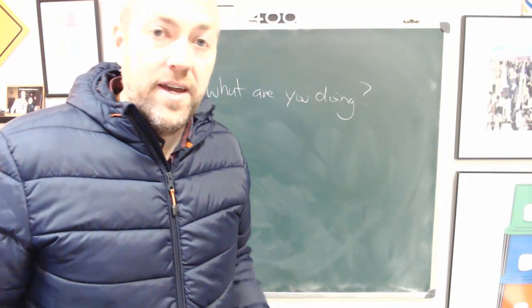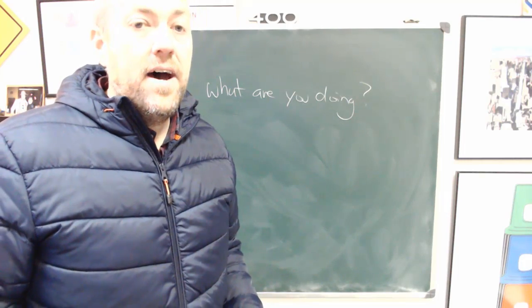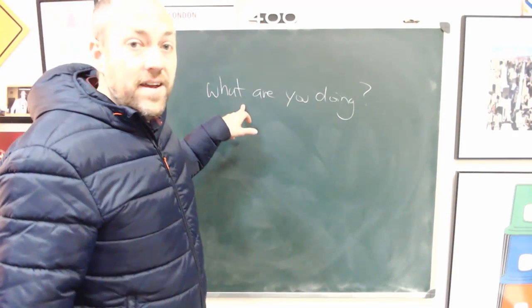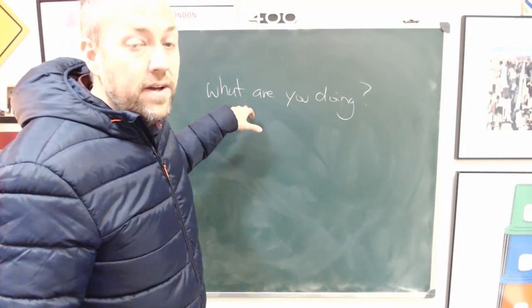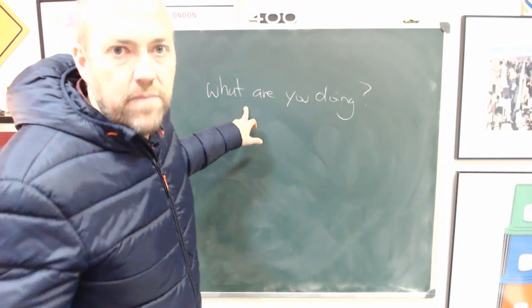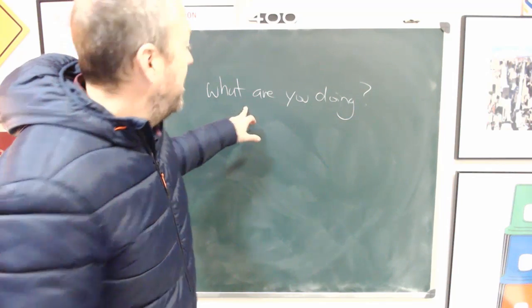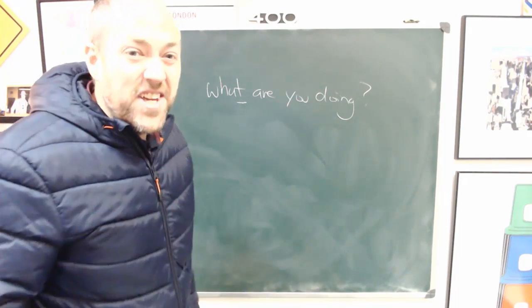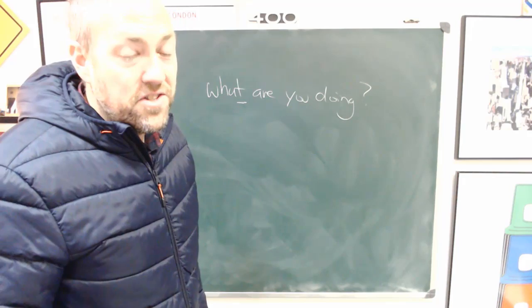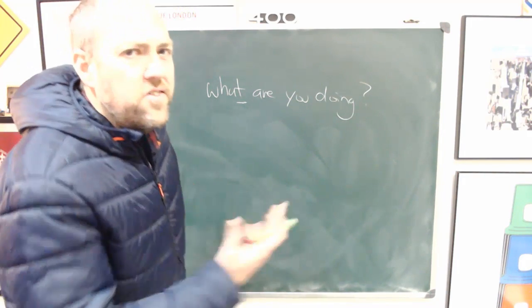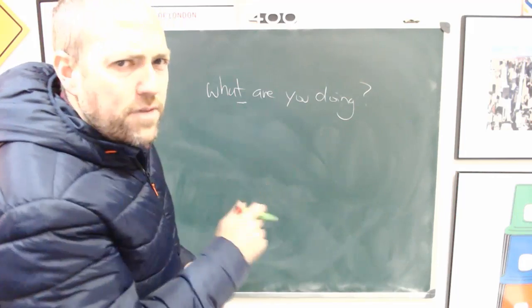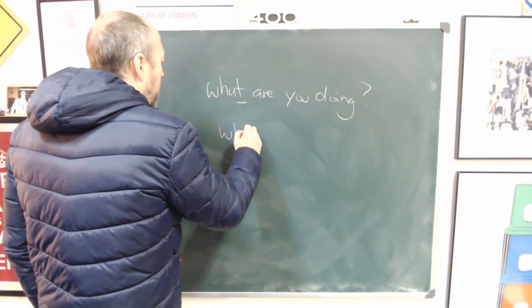What are you doing? Okay. Now you may hear, if you listen to native people speaking, that this T sometimes is not a T. Okay, sometimes it's a D. So the sound of this sentence is this.